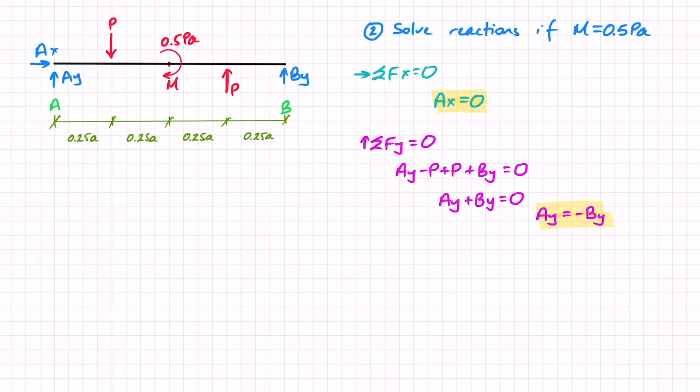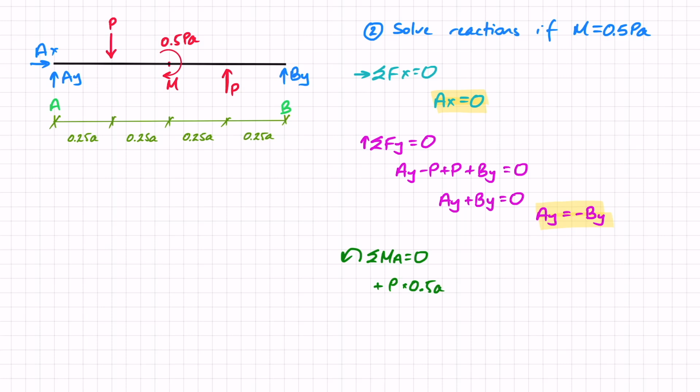The only place where adding the moment does influence the reactions is the moments. So let's do moments around A equals 0, with this being my positive direction. So once again, I'm going to start from A to B and see what we get. So I've already recognized that I have a coupled force. In this case, I've already discussed that it is plus p times the distance between them, so 0.5a.